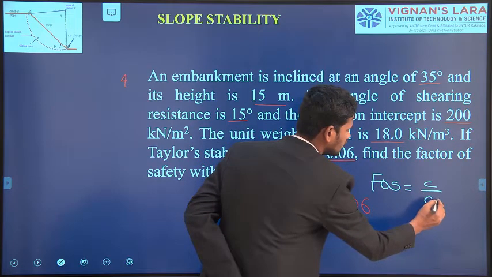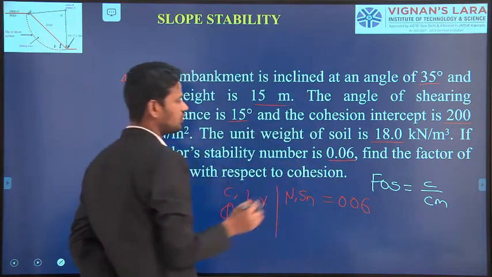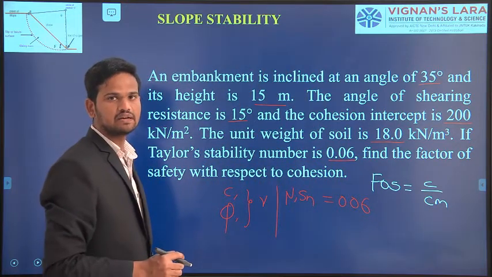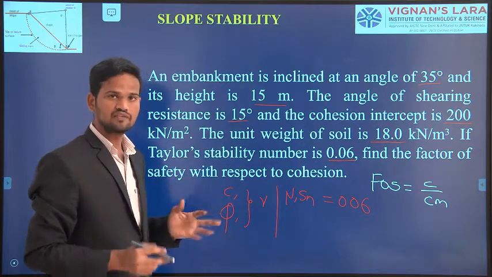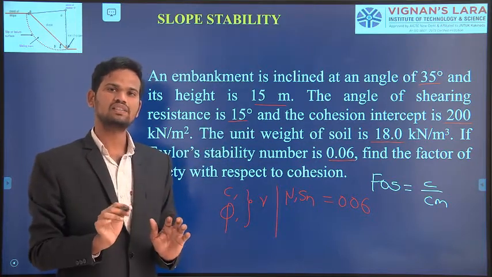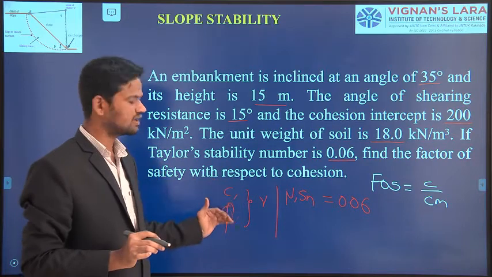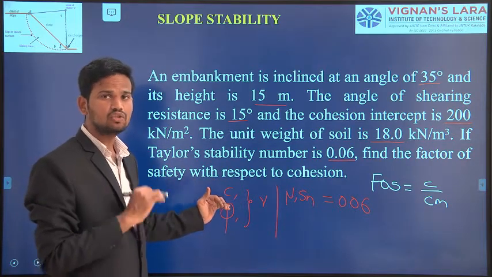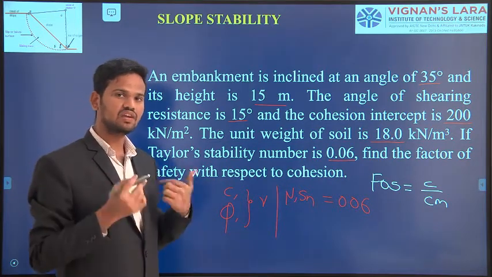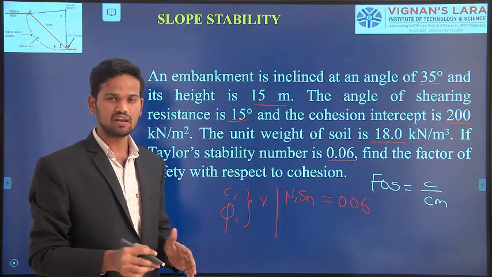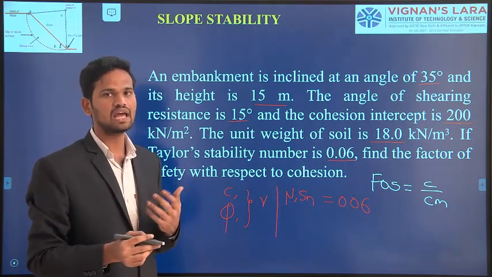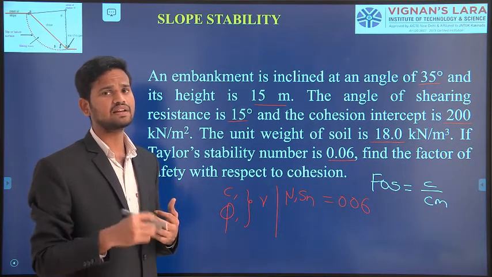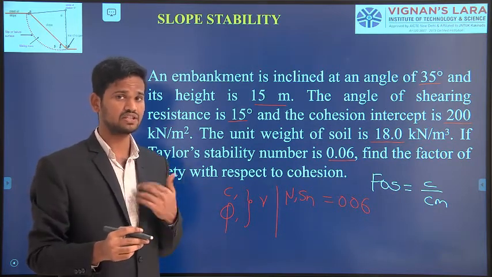With respect to cohesion, we have the formula FOS equal to C divided by Cm. While asking such types of questions, first you have to know what types of values are given in the problem. Based on those, what are the various formulas available to us, and based on the available formulas, we have to calculate the factor of safety or cohesion or mobilized cohesion.